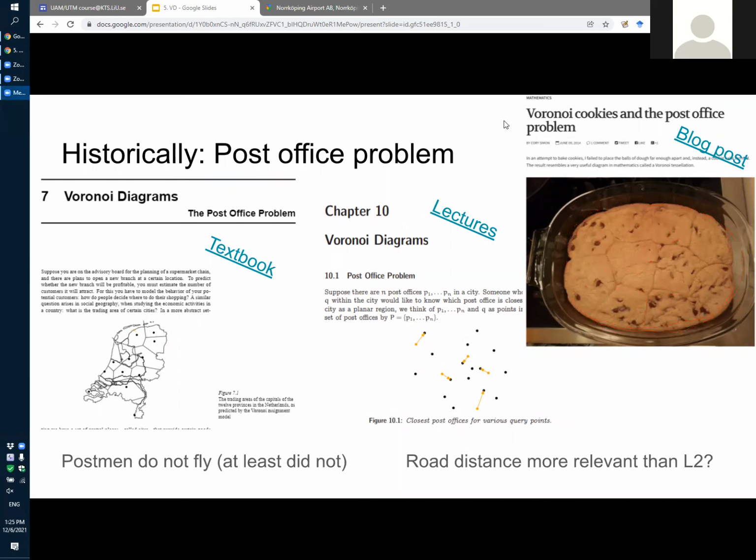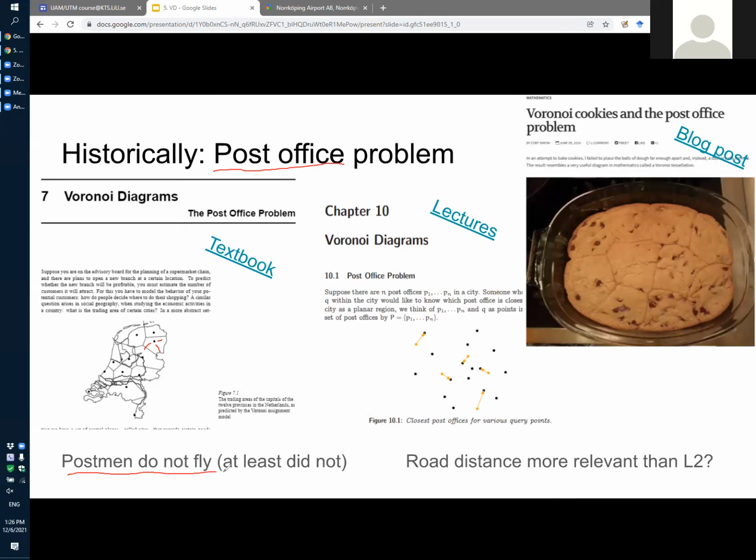It's just fun. So what I was really emphasizing here at this slide is that even though historically the Voronoi diagram was known as the post office problem, because, well, every post office would want to serve the area which is closest to it.